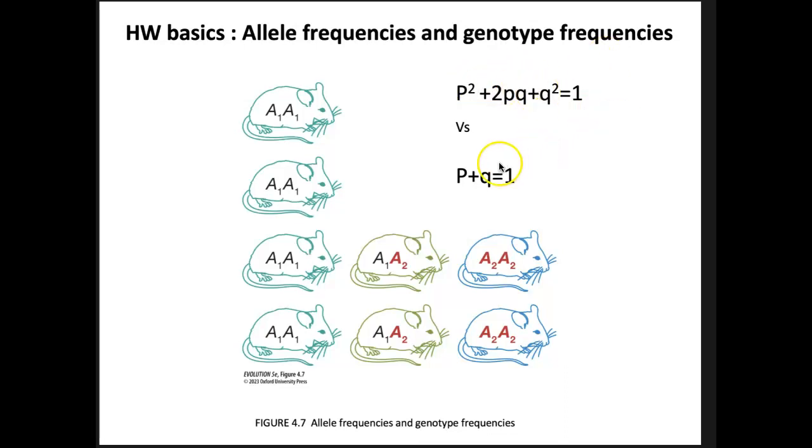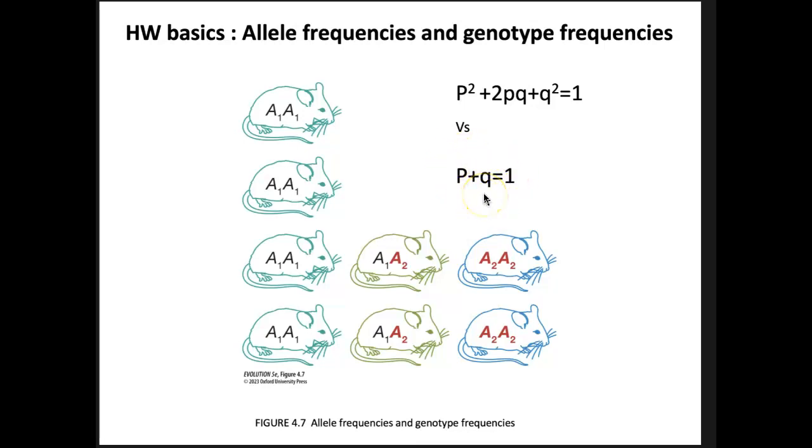Okay? Now, when we come down here to the second formula, p plus q equals 1, we are no longer talking about individuals. We're only talking about allele frequencies. How many p's are there? So in this case, p represents A sub 1. So how many A sub 1s are there in our population? How many A sub 2s are there in our population?